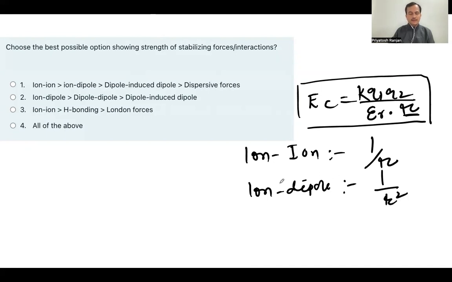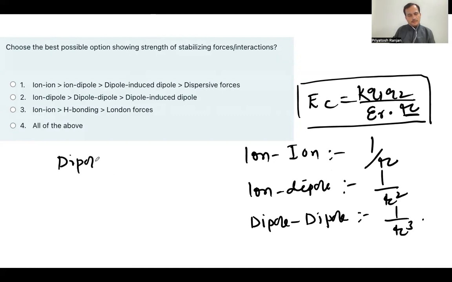I hope you all are familiar. Then we have dipole-dipole, which is 1 by R cube. Then you have dipole-induced dipole, where the energy is related to the distance between the two point charges as 1 by R raised to the power 4.